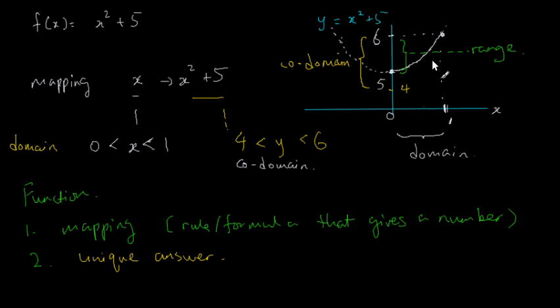So in that sense, I get a unique answer. You see that the range, the possible set of answers that I get, lies inside the codomain, inside the allowed set of numbers for the answer.